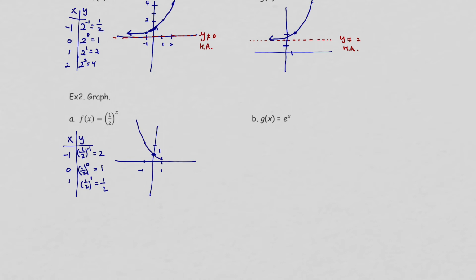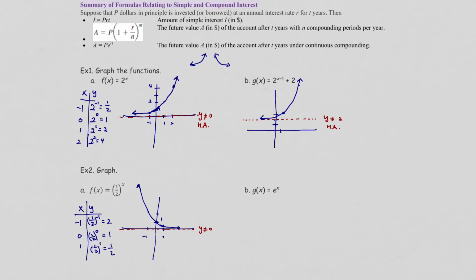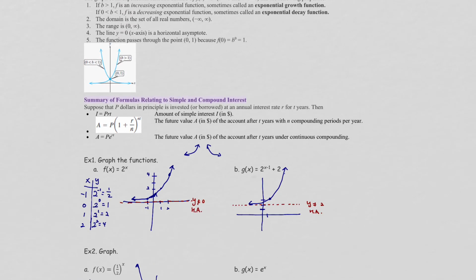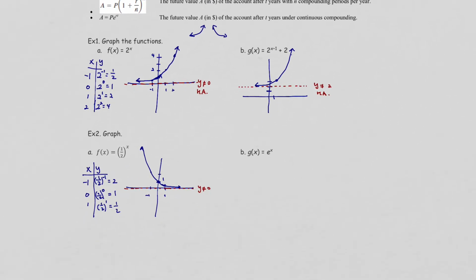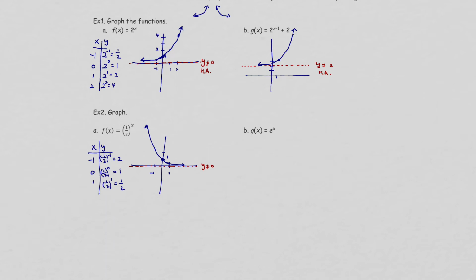So it will look like that, and it will have the same horizontal asymptote. So y can never be equal to 0 or under, right? This shows you the basic graphs that I was talking about. When the base is greater than 1, your basic shape looks like that. When the base is between 0 and 1, it will go in this direction. And this example proves that's right.